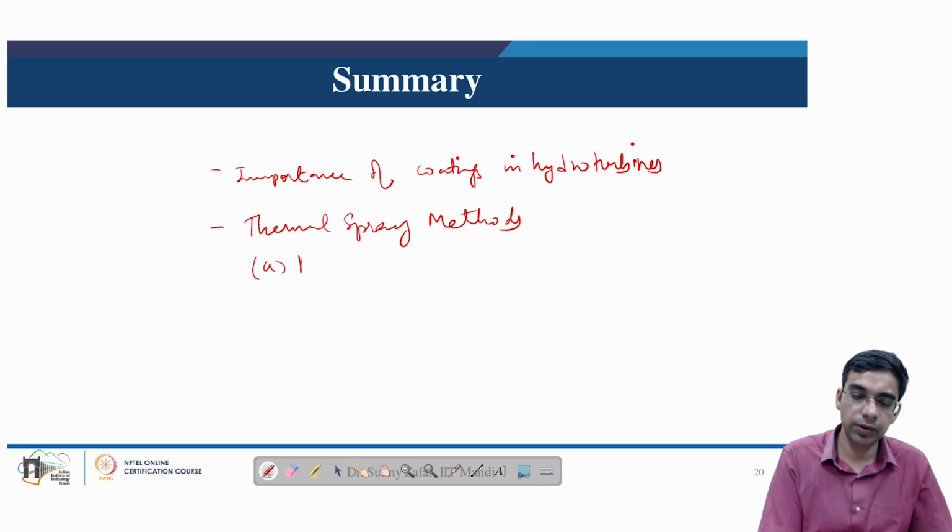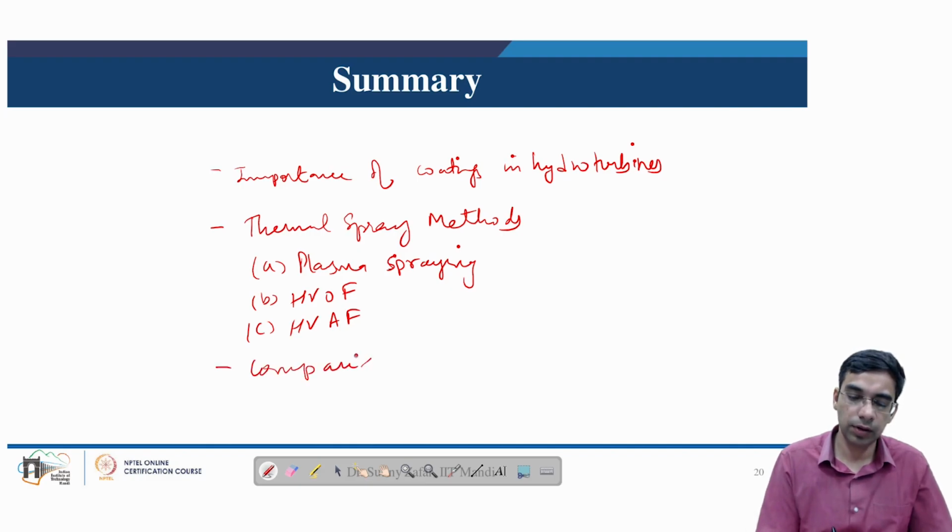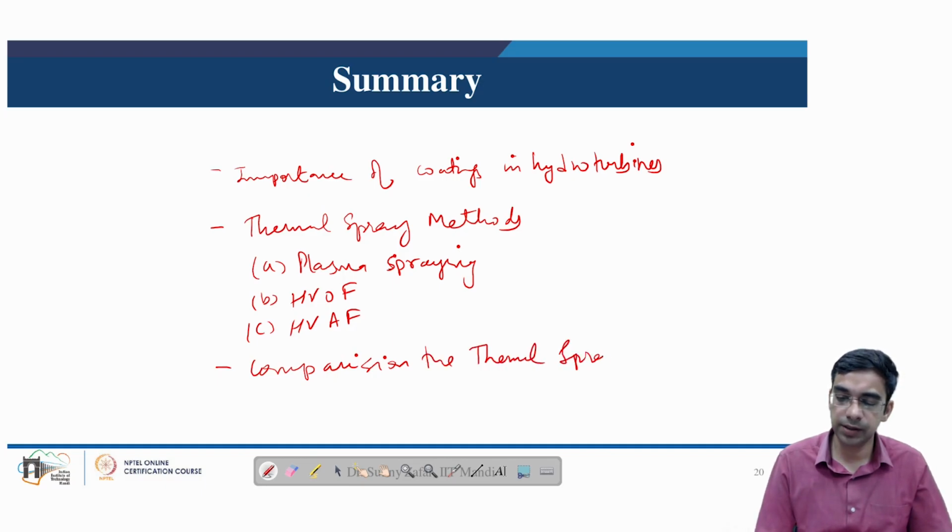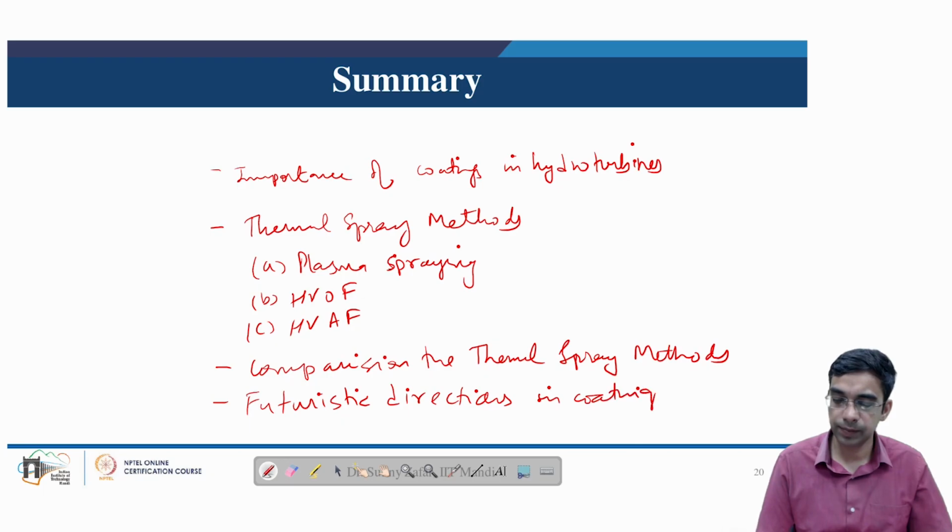In particular we looked at plasma spraying, then high velocity oxy-fuel spraying, and high velocity air fuel spraying. Then we looked at the comparison of the thermal spray methods, and the properties of the resulting coatings. And lastly we looked at some futuristic directions in coating for hydro turbines.